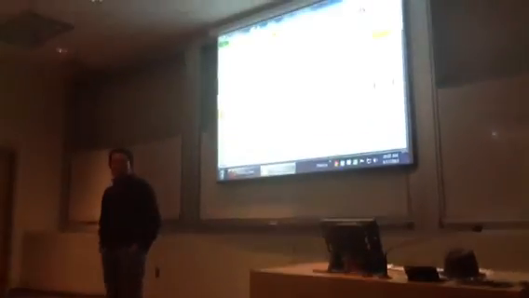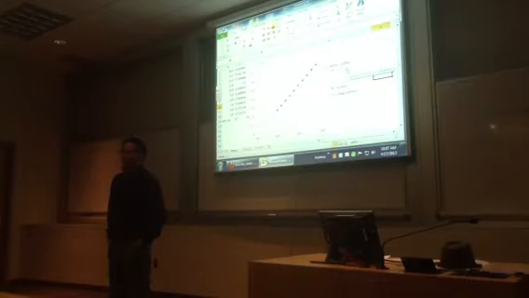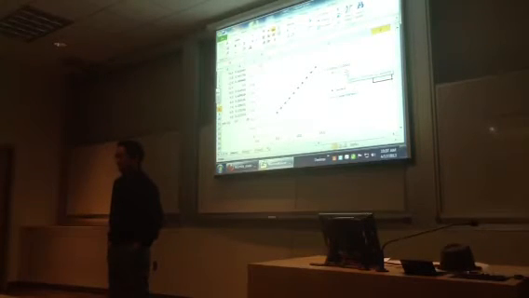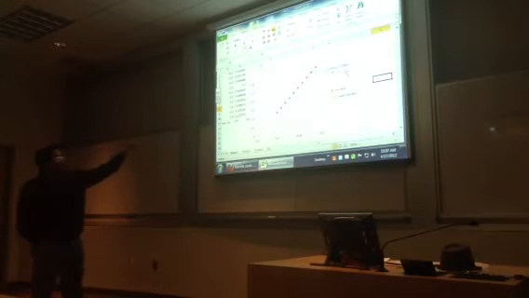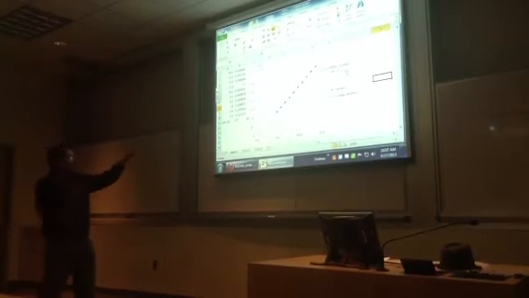R square is actually a very simple number. R square is the percentage of how perfect the line is. R square equal to 1, that's 100%. If R square equal to 0.9, that's 90%. 90% of what? How straight the line is, how perfect the line is. Now, this line is perfect because it went through all the points. Well, your points could be scattered.